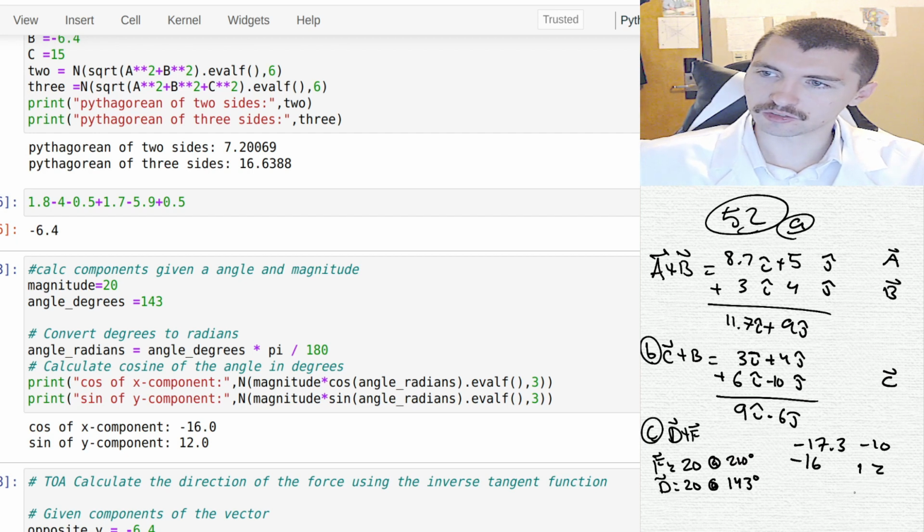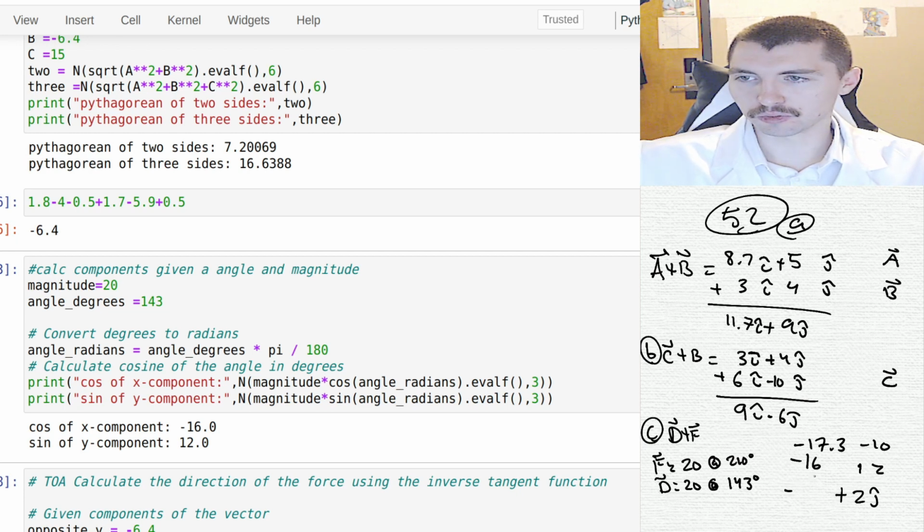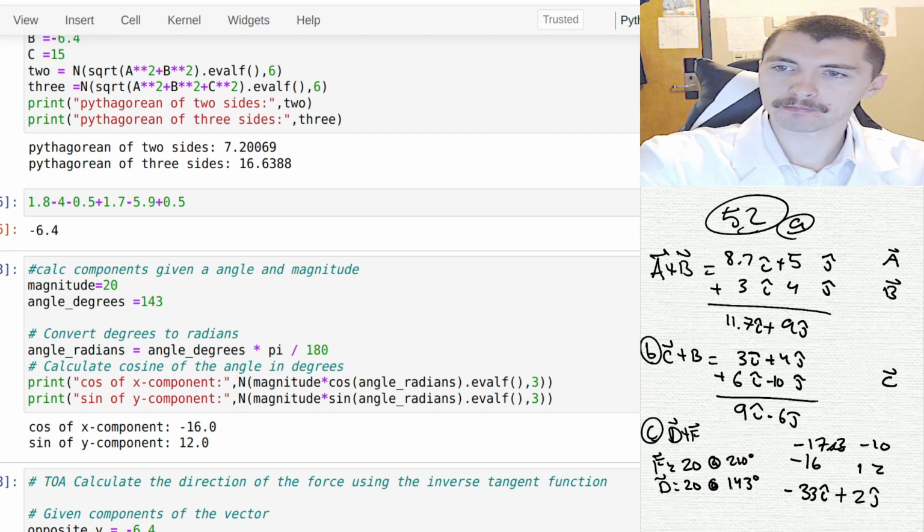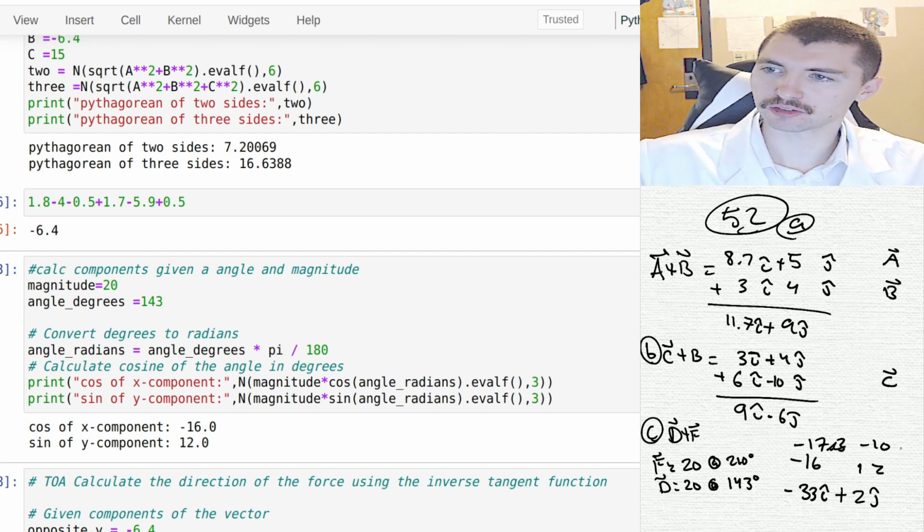So that's going to be 2J plus negative. Well, you can just say that's 20 plus 13 is 33I. Okay, that's F, that's D.